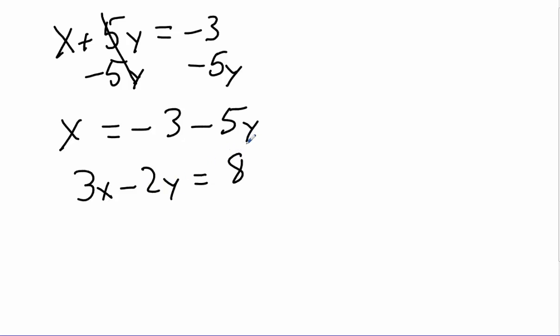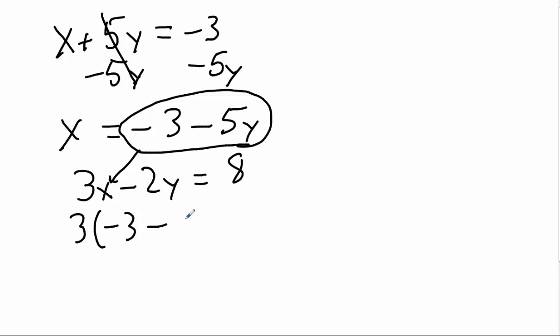Now the nice thing is, like we said in the last example, in both these equations, x's are equal, y's are equal. Since we know that x is equal to negative 3 minus 5y, we can substitute this whole quantity into the second equation, and we'll be left with one variable, which is exactly what we want. So when I rewrite it, we get 3 times the quantity negative 3 minus 5y, minus 2y equals 8.